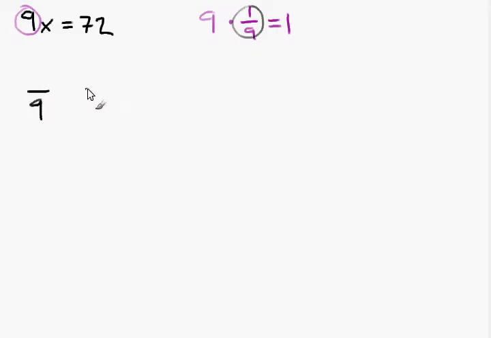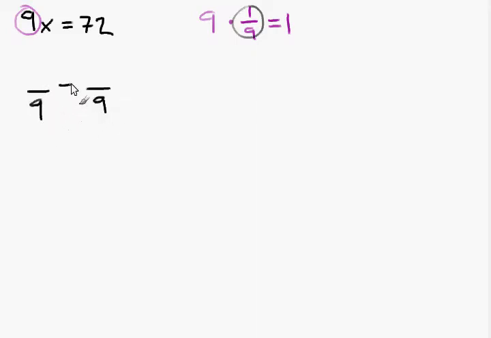Let's take a look at another problem. Let's say we start with 9x equal to 72. I want to think about the inverse of 9 here. 9 times 1 over 9 is equal to 1. So I can either multiply both sides by 1/9 or divide both sides by 9.